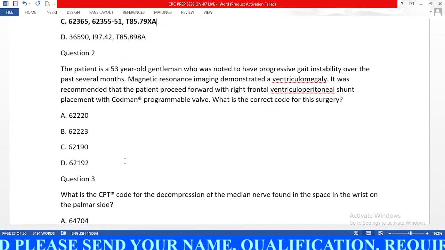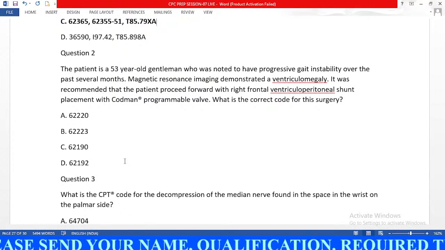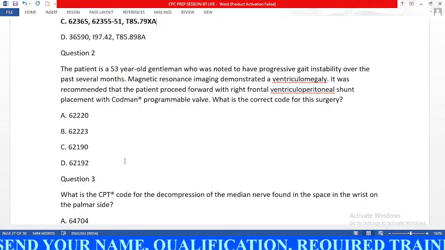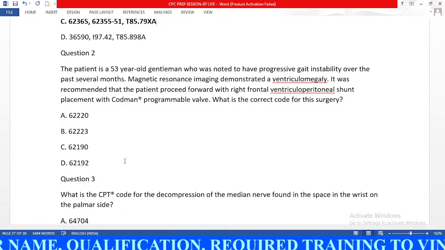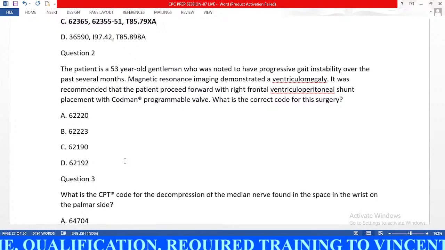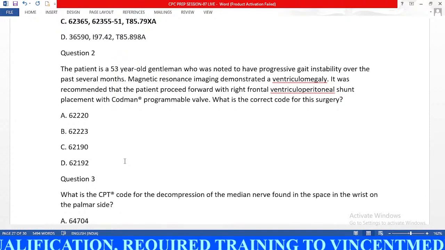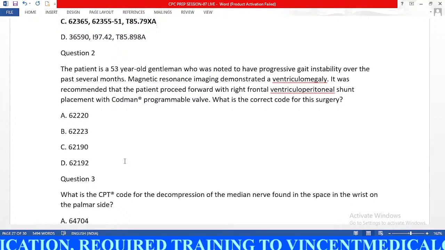Now it is 9:52. We can start discussion of answers at 9:55. So all of you write your answer in the chat box. There is no negative marking in this session, so you can write whatever you want.